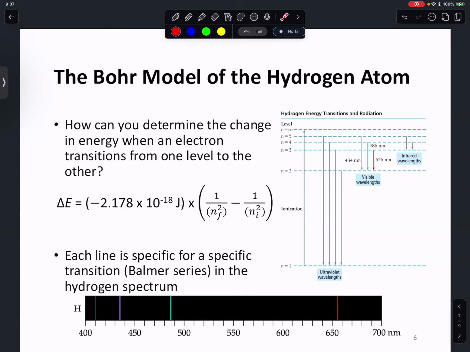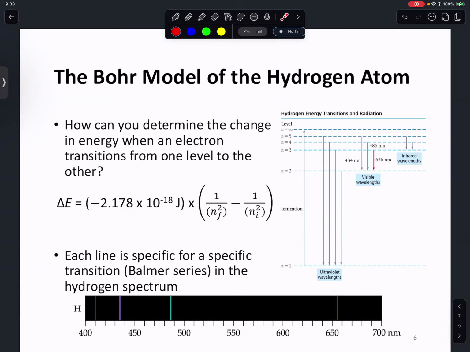And I want to make a point here again, bringing in the line spectrum of the hydrogen atom. This line spectrum is specifically called the Balmer series. It's a scientist who discovered and did a mathematical interpretation of the hydrogen spectrum, and related this to the wavelength and energy and everything.